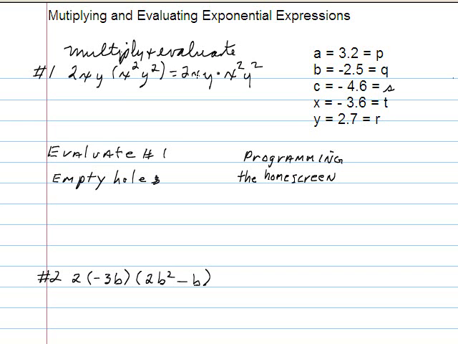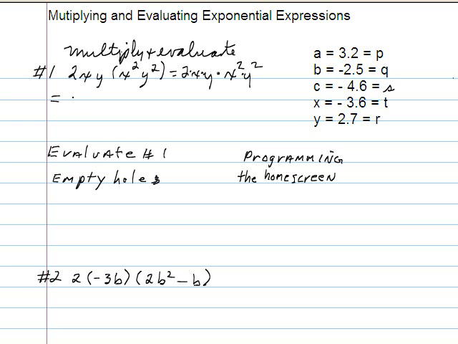However, when two letters are sitting beside each other, or a number or letter with no symbol, it also means times. So there's a times here, there's a times here, and there's a times here. Now multiplication is what we call commutative. That is, the order in which you do it doesn't matter. So I'm going to rearrange the terms.